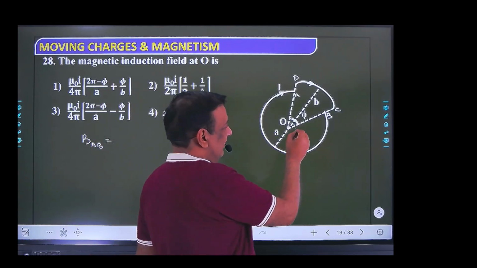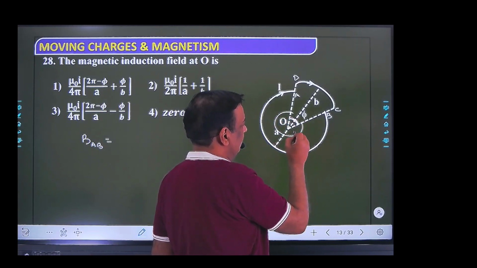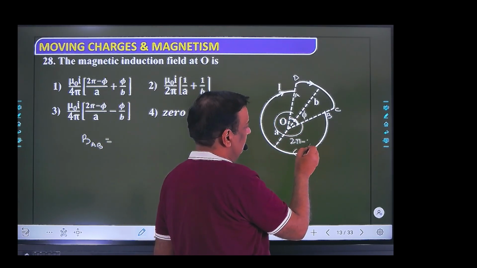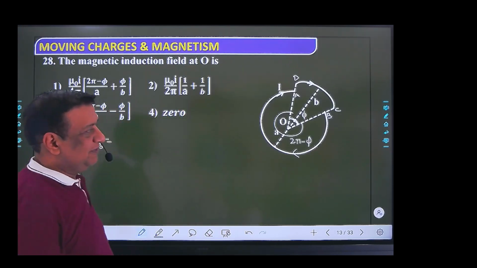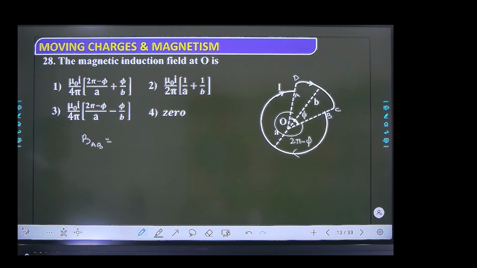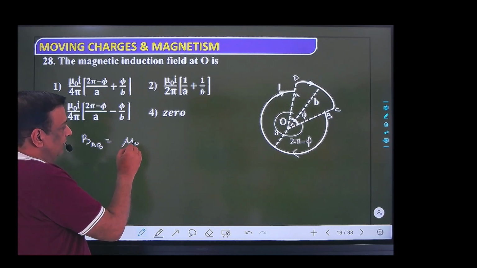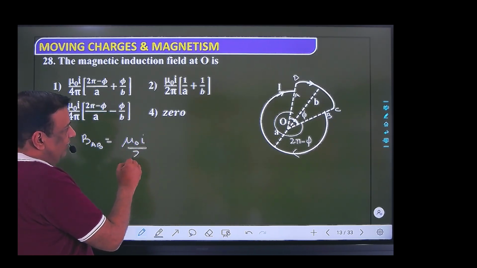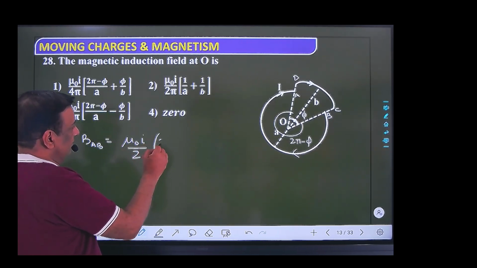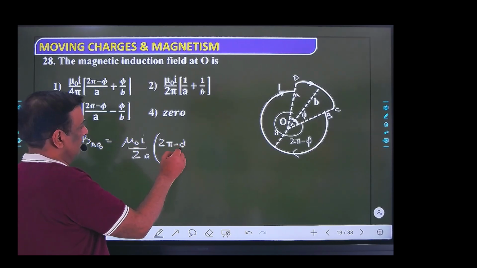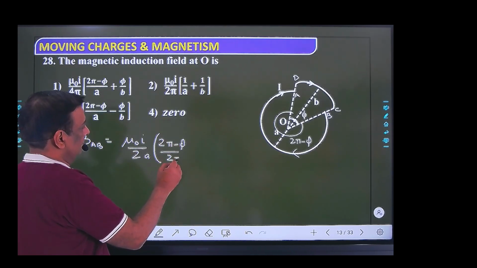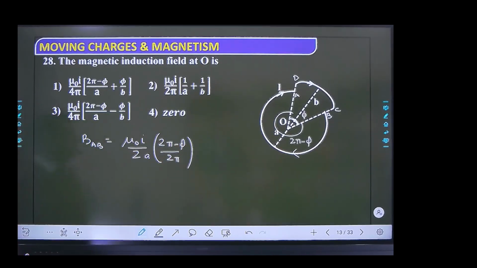अगर मैं आपसे पूछूं मैग्नेटिक फील्ड ऑफ PA होगा कितना? अगर ये एंगल फाई है तो दिस एंगल विल बी 360 minus phi. So magnetic field of AB will be mu naught I upon 2a, ठीक है, because theta by 2 pi.